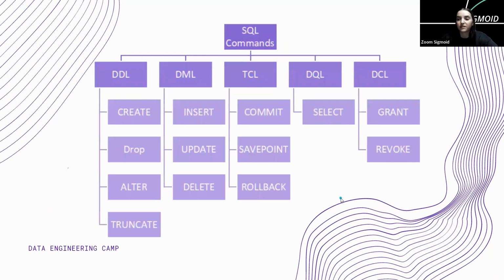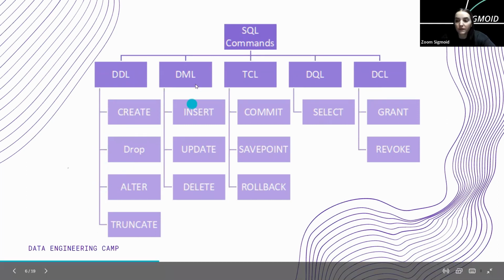Let's see this beautiful diagram. For a better understanding of SQL commands, we have a diagram which lists the commands for every category. As I said in the previous workshop, we have 5 categories of commands. As you can see, data definition language has create, drop, alter, and truncate.